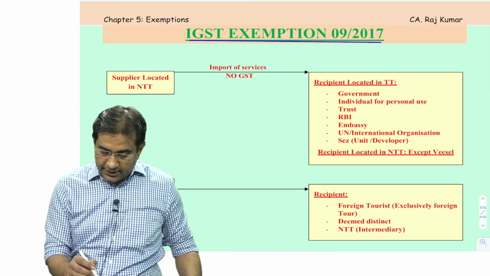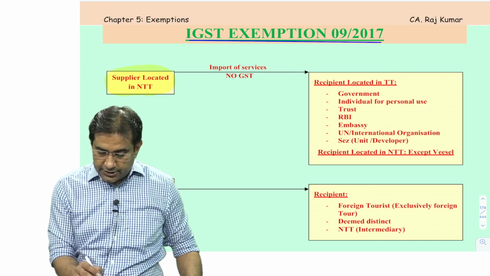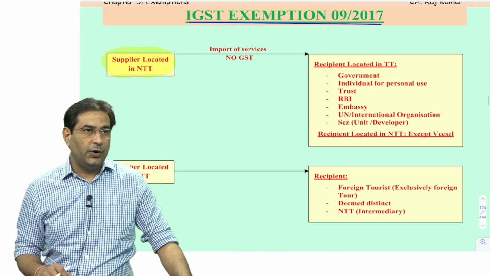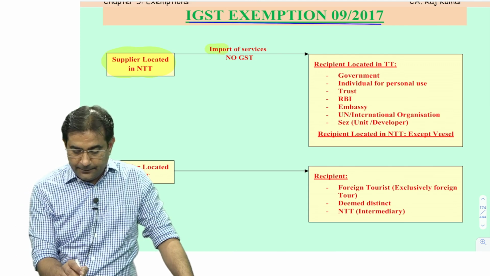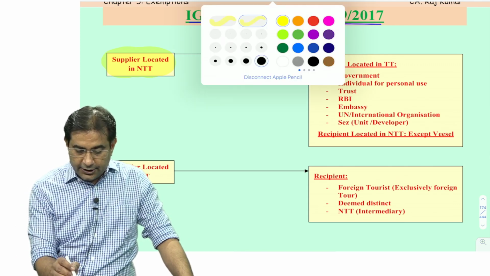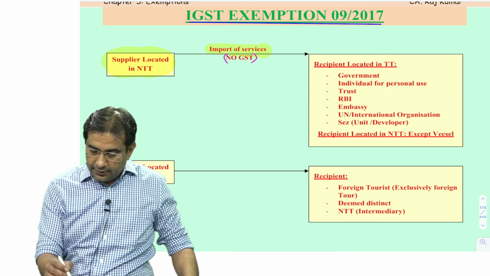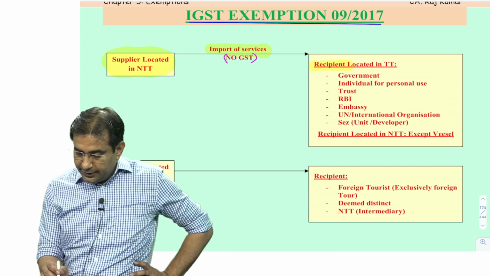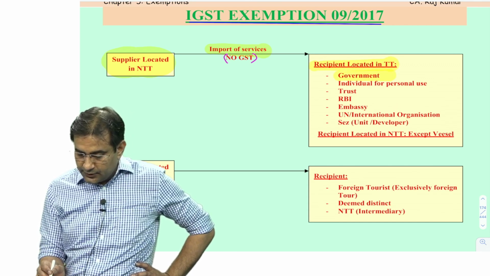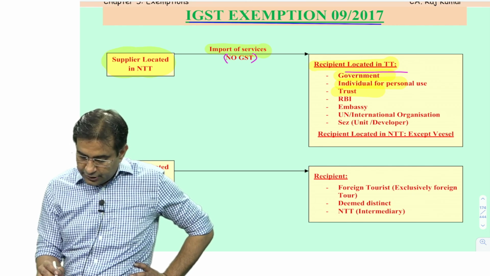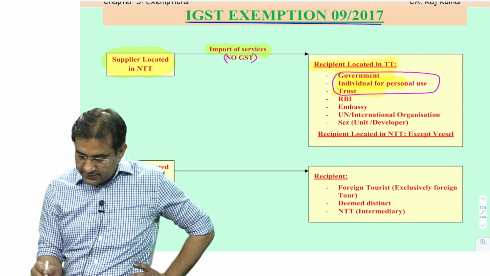The first one is where the supplier is located in a non-taxable territory, that is import of services, finally no GST on it, that is, it will be exempted. Where the recipient is located in the taxable territory, it is government, personal use and trust. These are three special points discussed in the first element.